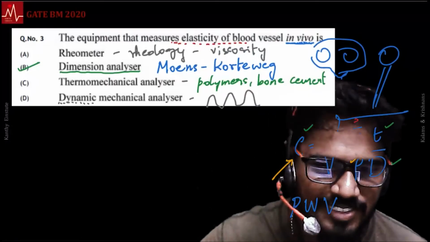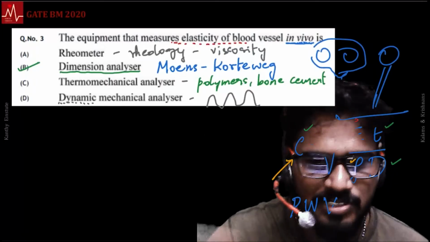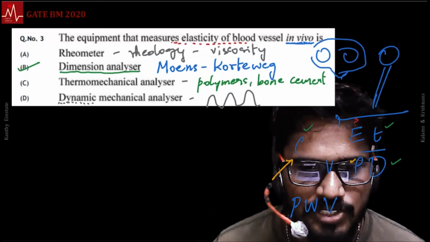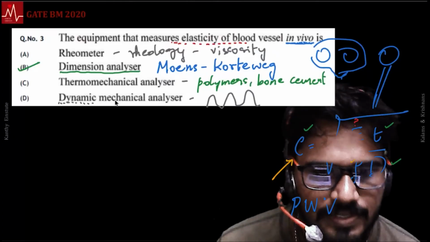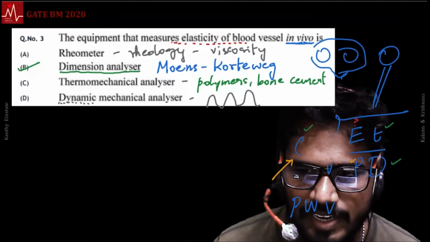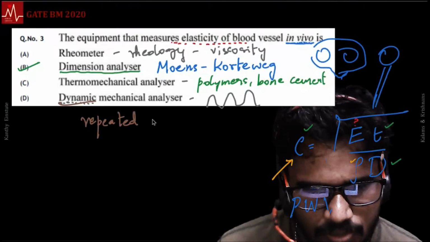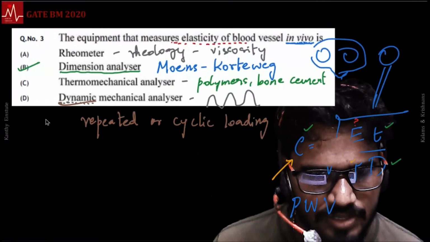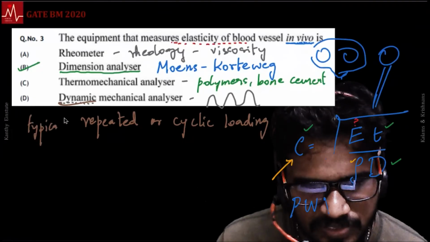It may not in fact be a strict first order transition. Where is this phase transition happening, and all those questions can be addressed using a thermomechanical analyzer. This is the dynamic mechanical analyzer. You are typically doing some sort of repeated or cyclic loading. And this is typical because there are other dynamic things that you can do.